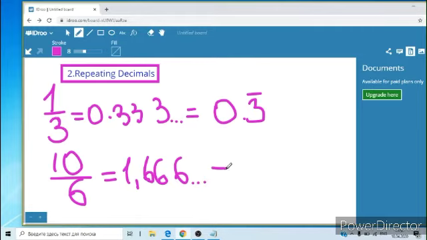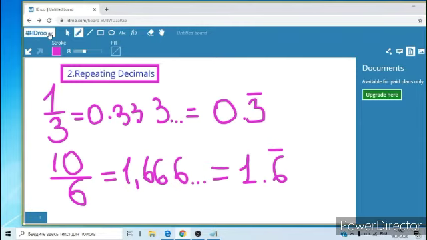So how can we write it with the help of the Lincoln? We can write 1.6 with 6 repeating, so we can write like this. It means, look, here we have the second part. If we have a fraction and we divide the numerator by the denominator, we are getting repeating decimals.